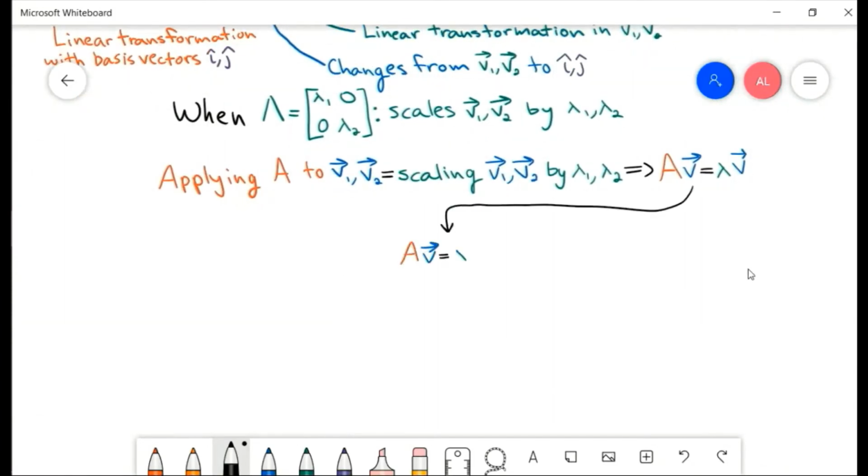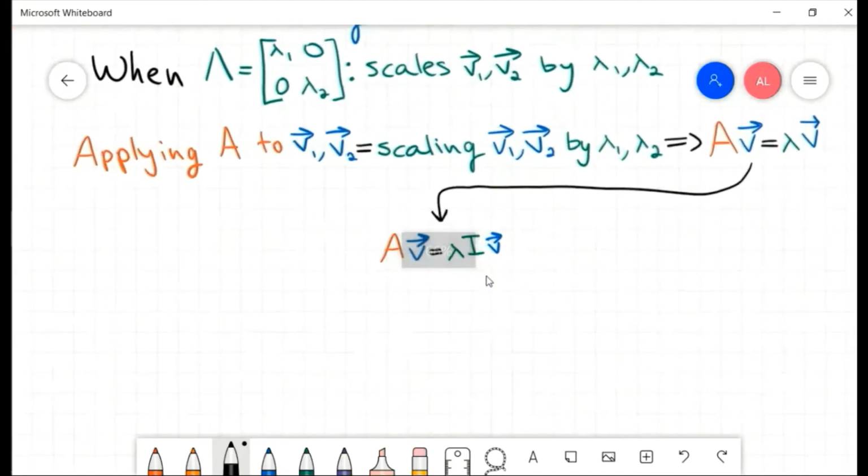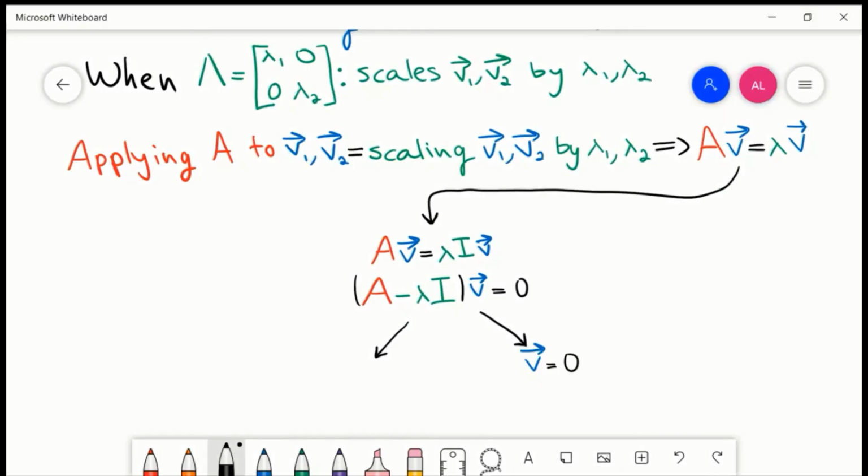And so now we can solve this equation right here. First we make this side look more like matrices. So we add this identity matrix right here, and then we can subtract lambda I v to the left hand side, and we can factor out the v, and so this is equal to 0. So now we have 2 cases.